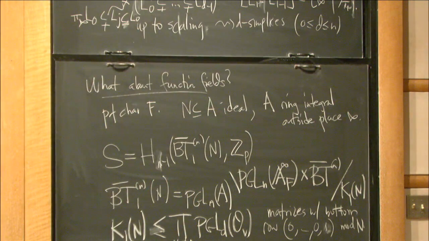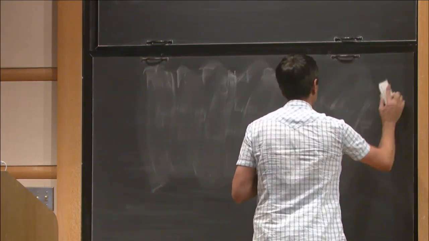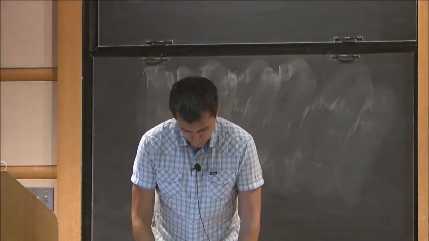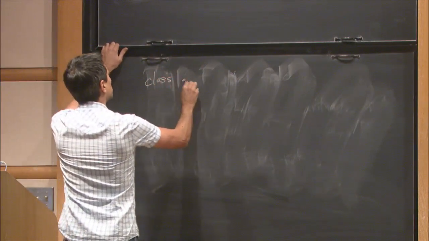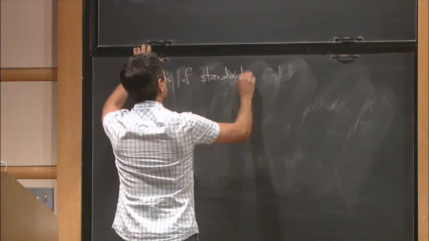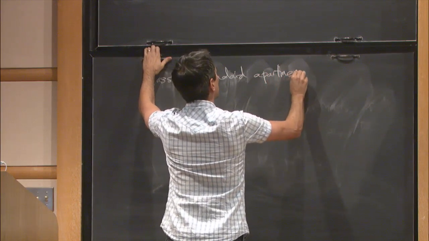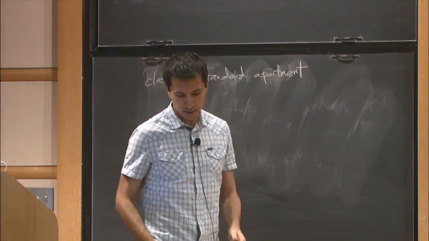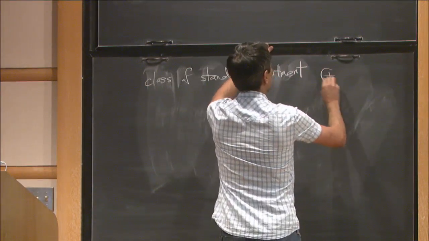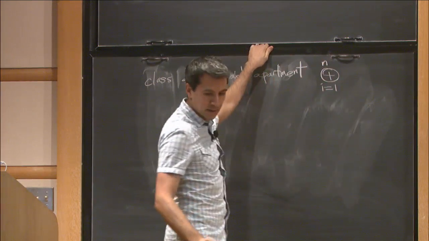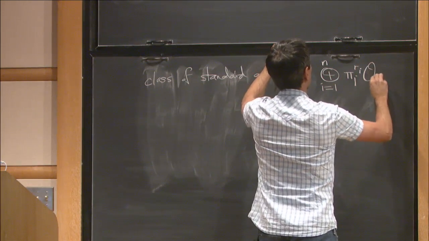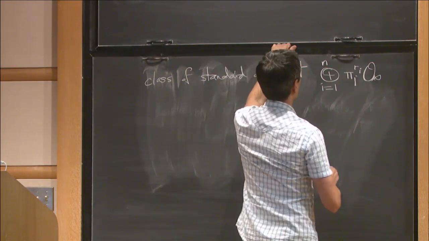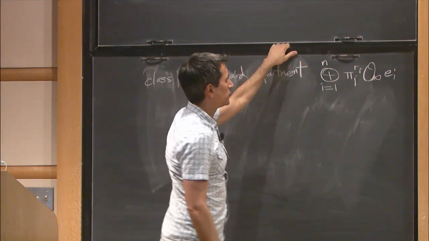Now there's a standard apartment, which comes from looking at all lattices of the form, you fix a standard basis e_i, and then you take all lattices of the form the sum of pi^{r_i} O_infinity e_i with respect to this basis.